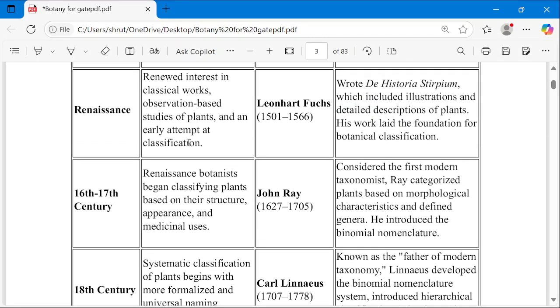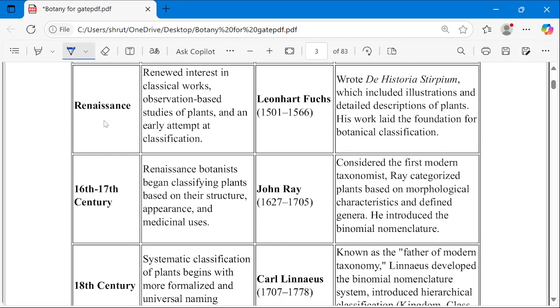The next era is the Renaissance era, with renewed interest in the classical works and observation-based studies of plants, and an early attempt at classification was made. From this, scientists started to observe and study plants, and there was an early attempt at the classification of plants.